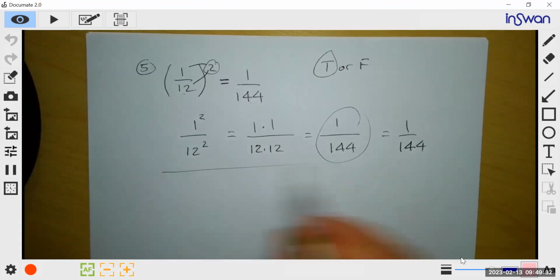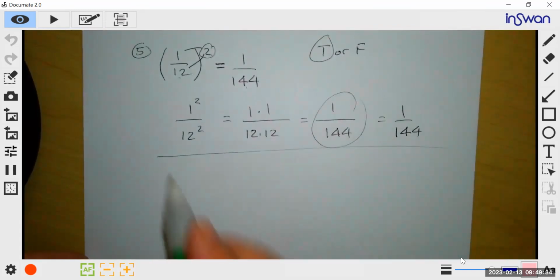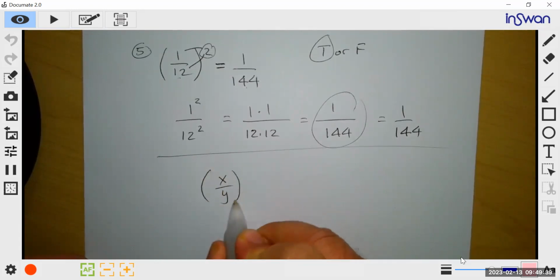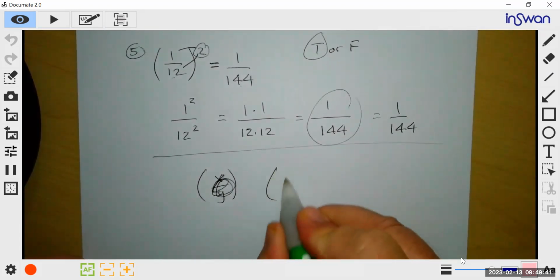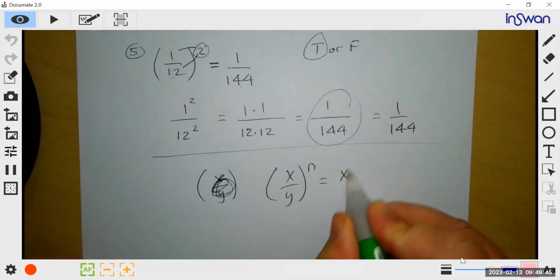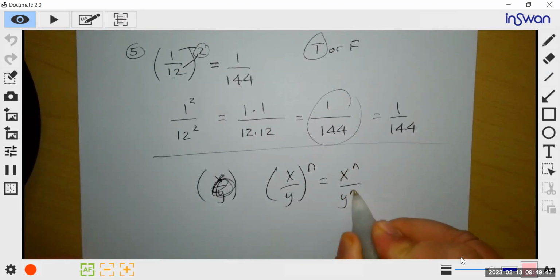So that's a property of exponents. If I have a fraction raised to a power, I can distribute that power to every number inside the parenthesis. Just take this and put it on top of each one.